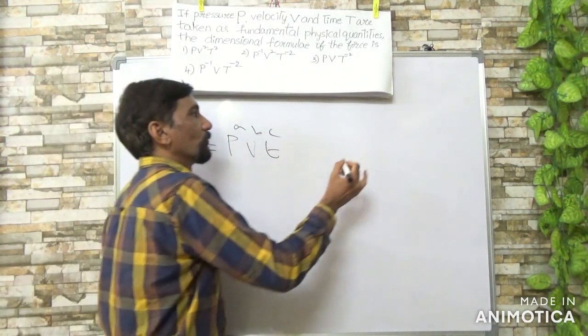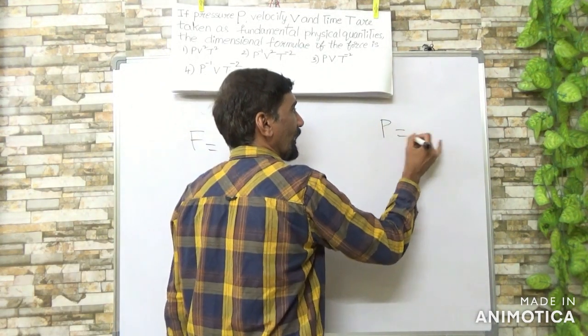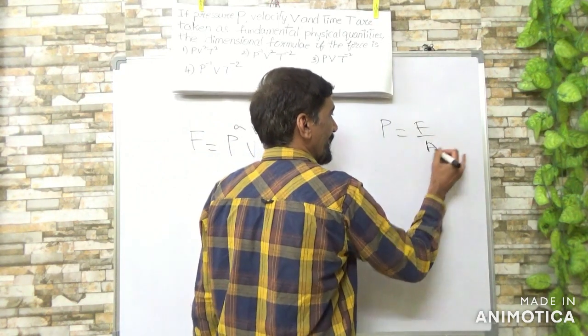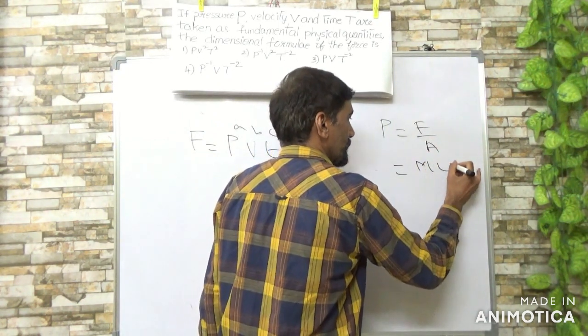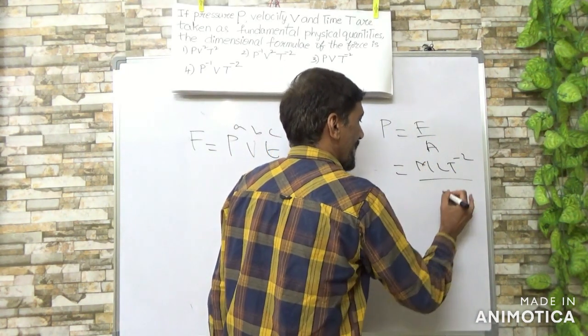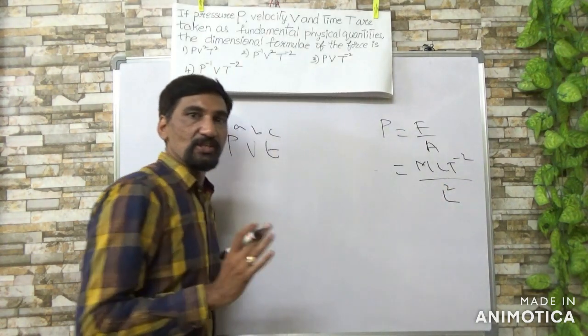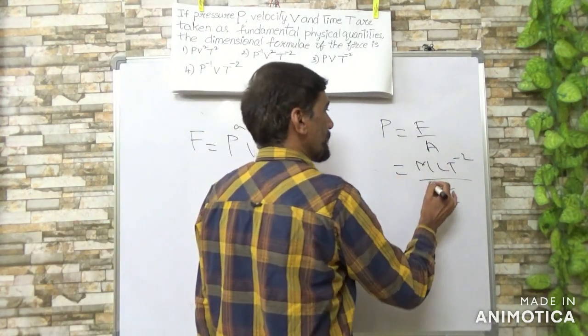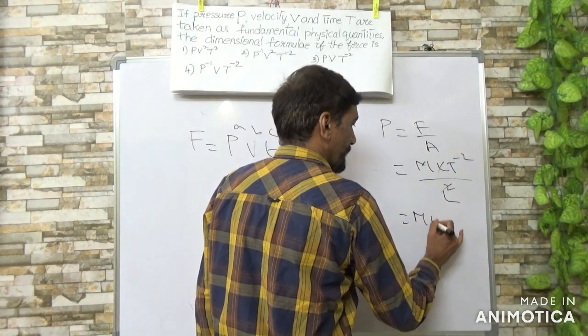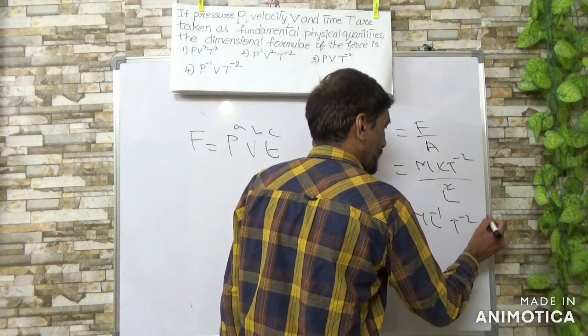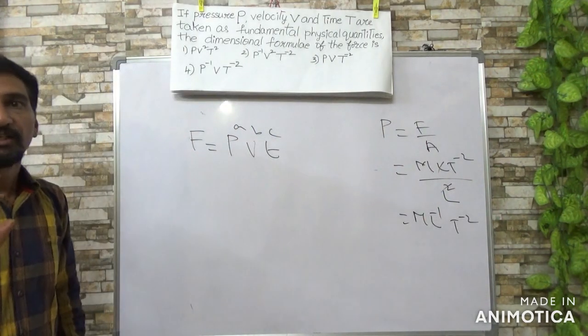Now about the pressure formula: force by area. Force is mass into acceleration, area is L square. So one L cancelled, M L power minus 1 T power minus 2.